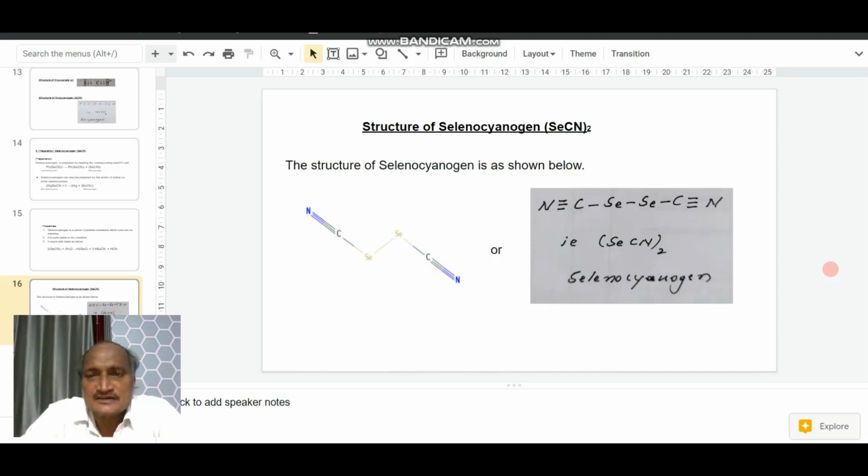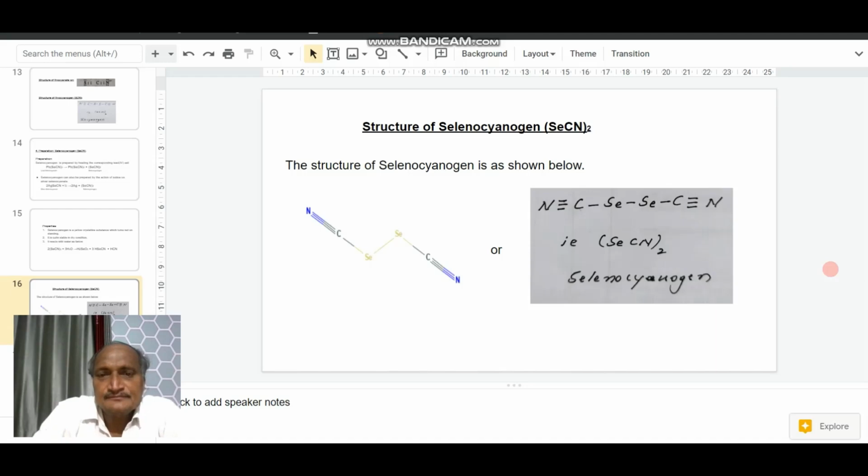Coming to the structure. Here, selenocyanogen is represented as shown in the following structures.